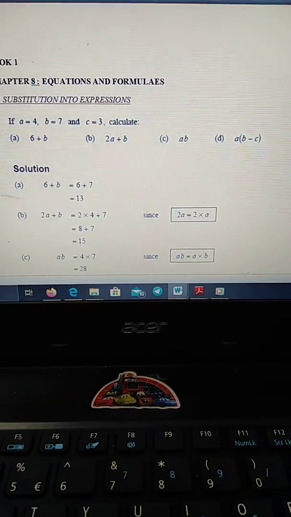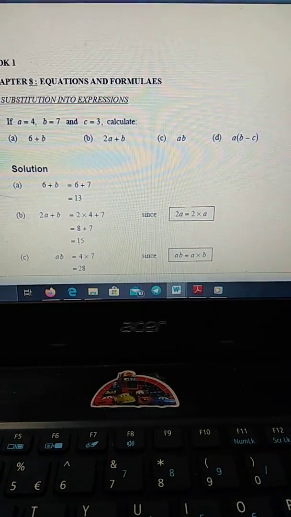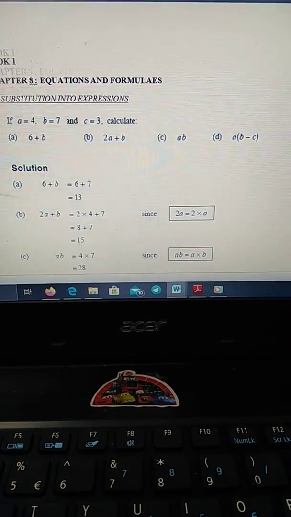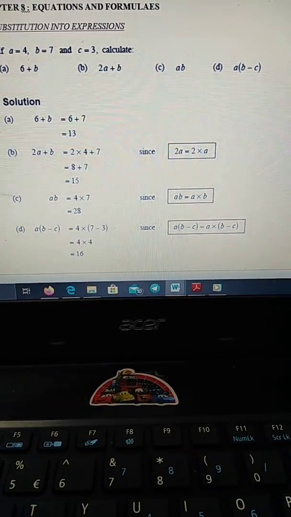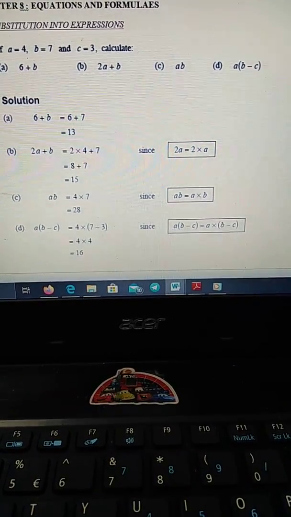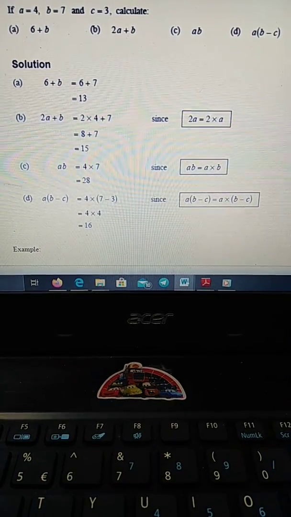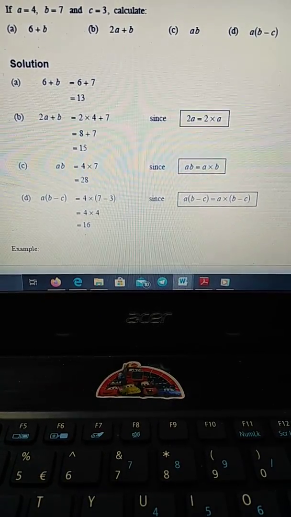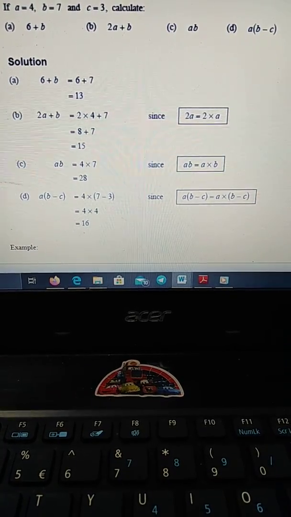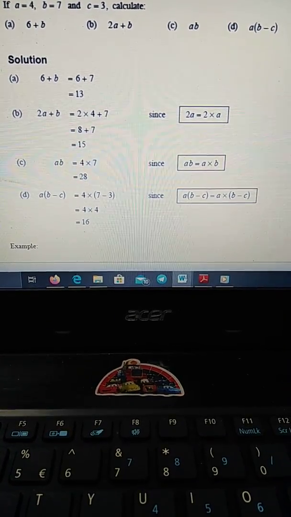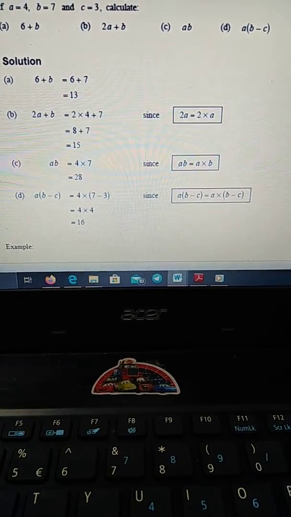Now, for question C, which is AB, you have A times B, so 4 times 7, which is 28. And for the following question D, A times (B minus C). Remember, you must complete the questions in the brackets first.